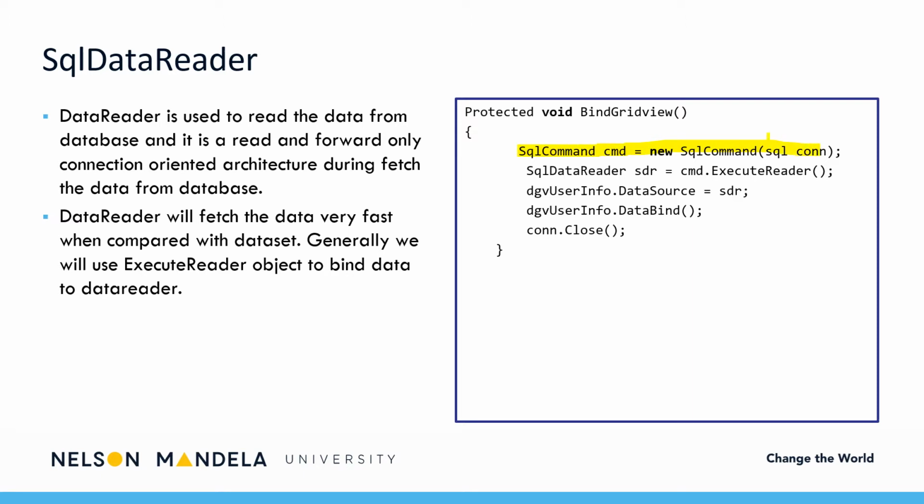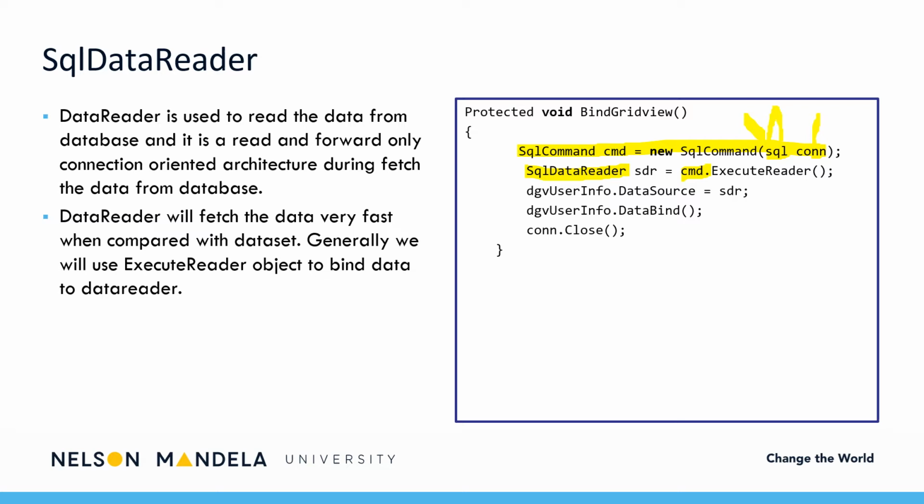We know that the command has an SQL and it has a connection. Once the command gets to execute the SQL through the connection, the SQL data reader executes this command. If it's an insert command, it executes that. If it's a select command, it executes that.